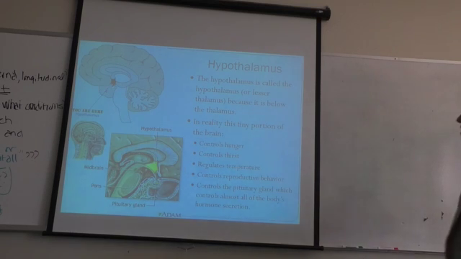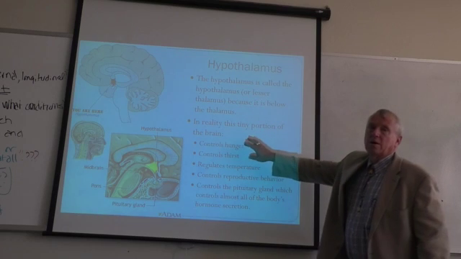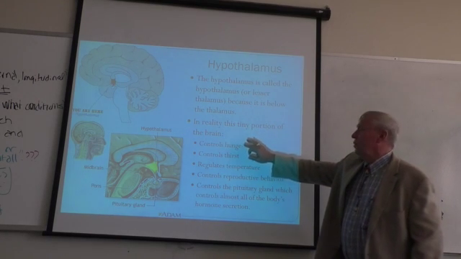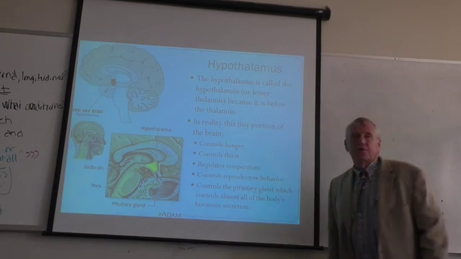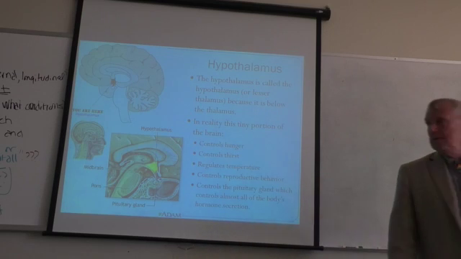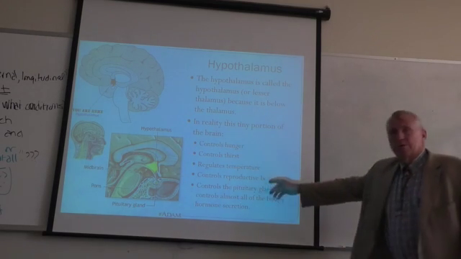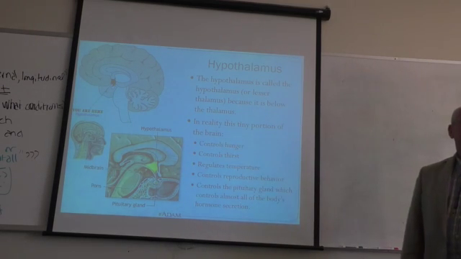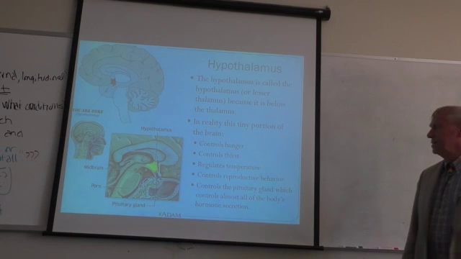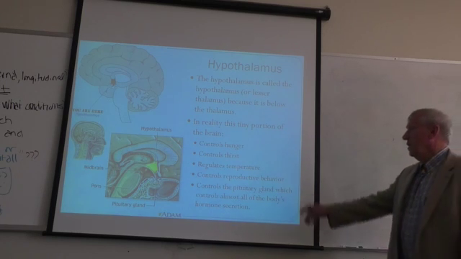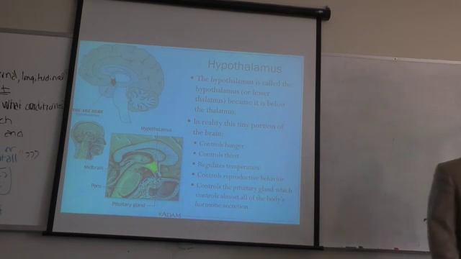In reality, this tiny portion of the brain controls your hunger, tells you when to eat and when to stop eating. It controls your thirst, tells you when to drink. It regulates your temperature, so it keeps you warm in the cold, and it keeps you cool in the heat. So it's extremely important. It controls your reproductive behavior, so the desire to reproduce comes from this portion of your brain.